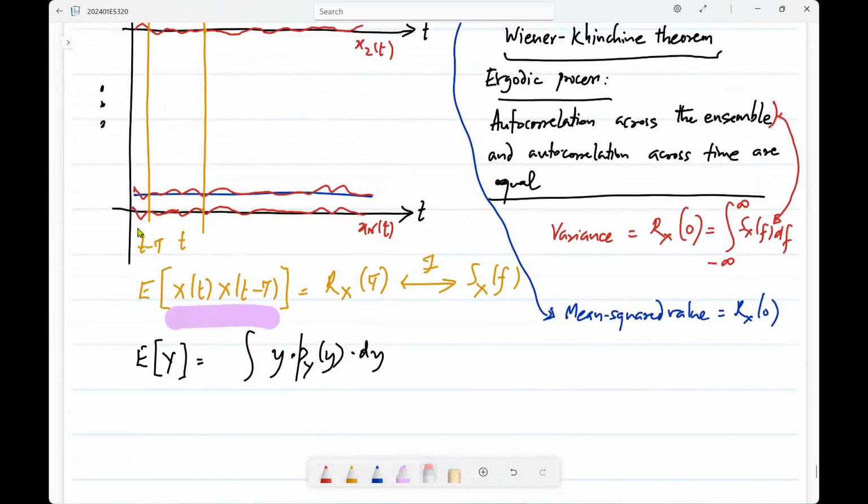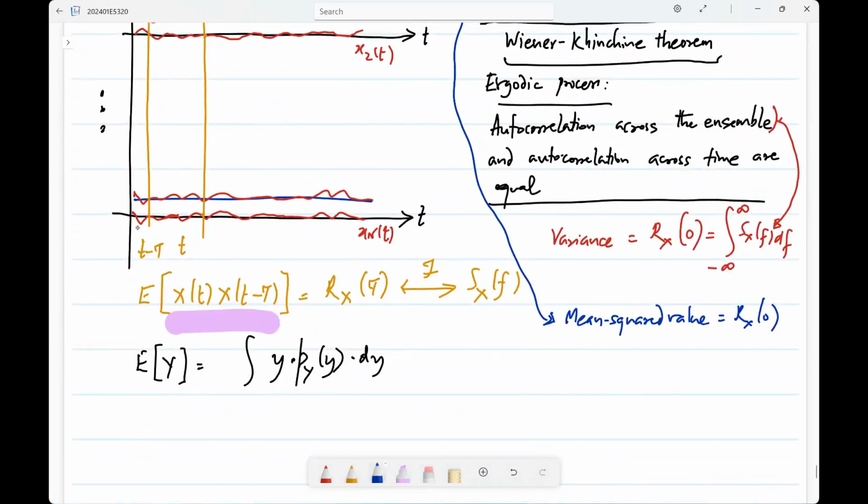Okay. And that is equal to, in fact, let me make it, this is for any k, right? So basically, the variance of this random quantity is the same as the mean squared value.